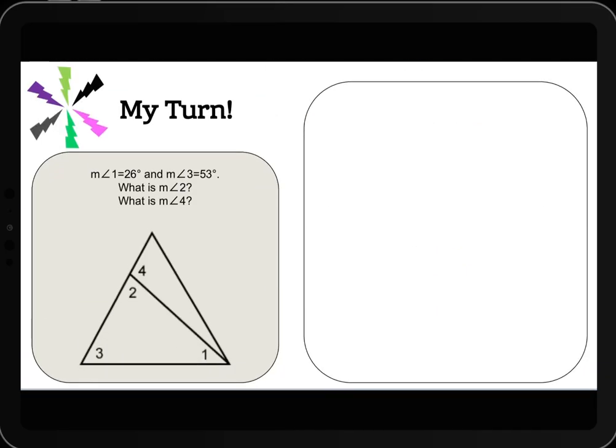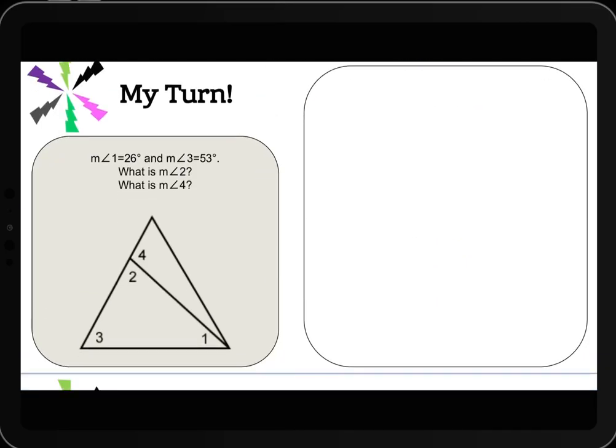And so now that I recognize that, I can actually utilize that information to help me figure out what the measure of angle 4 is. So in my case, I recognize that angles 3 and 1 are going to be remote interior to angle 4. Why? Because even though 4 is in its own little triangle here, 4 is actually exterior to the actual triangle here.